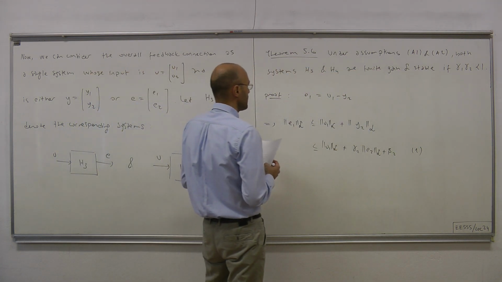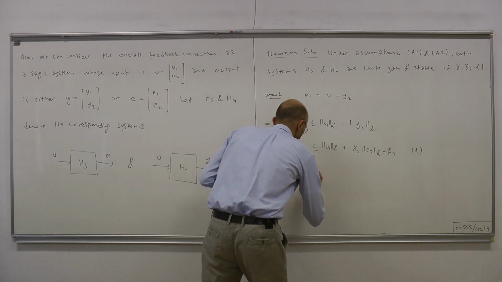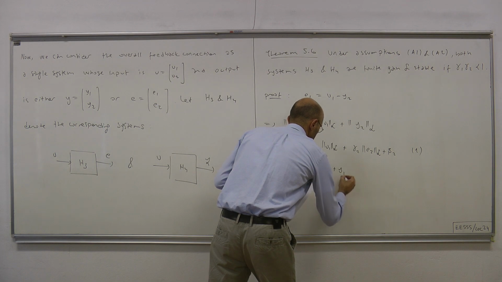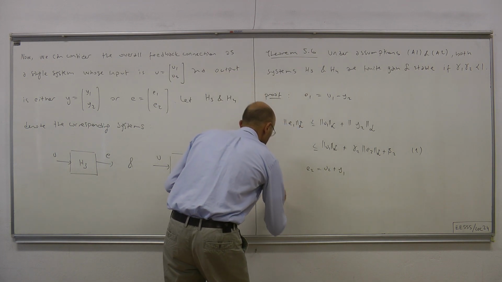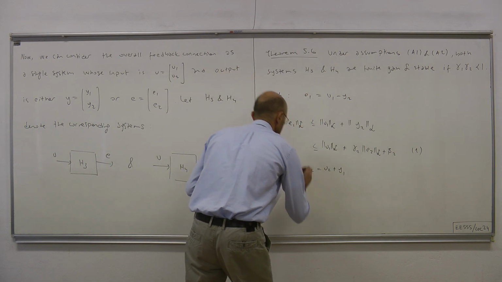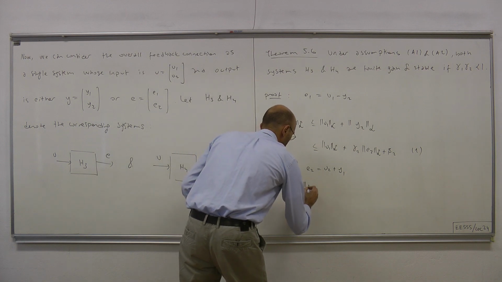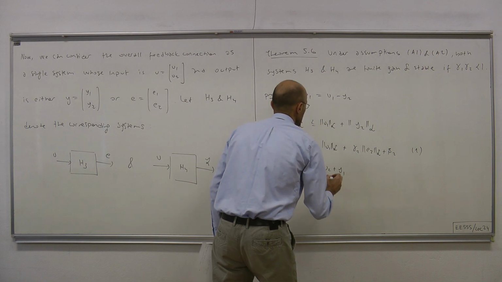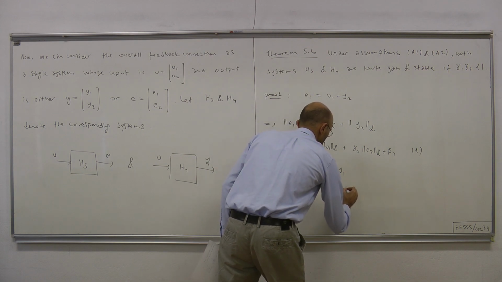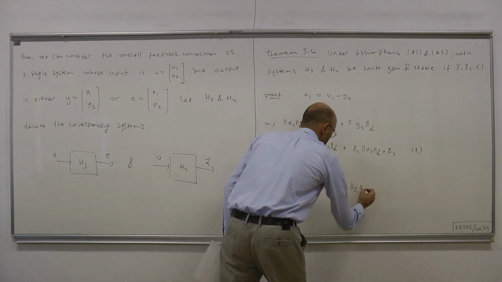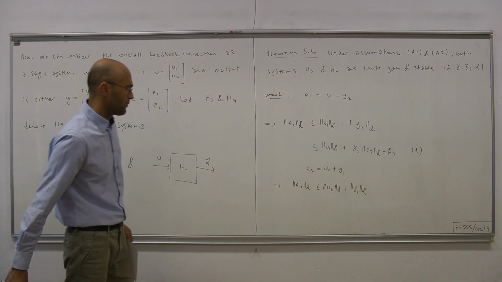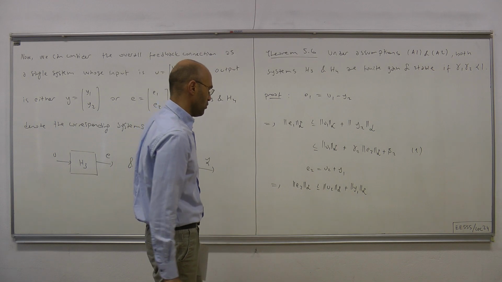And then we do the same thing for E2. E2 equals U2 plus Y1. And then we can write, as we did here, the L norm of E2 is less than or equal to the L norm of U2 plus the L norm of Y1. Just the triangle inequality that we know from norms.